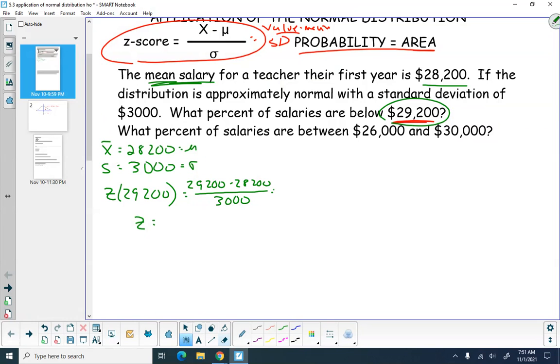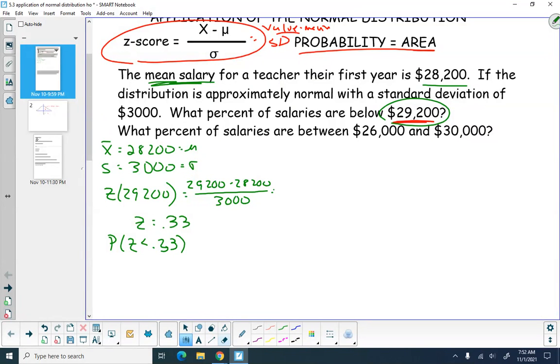Jade, what's our z-value? 0.33. Okay, it's 0.33 repeating, rounds to 0.33. So we want what percent of scores or the probability that our z-value is less than 0.33.